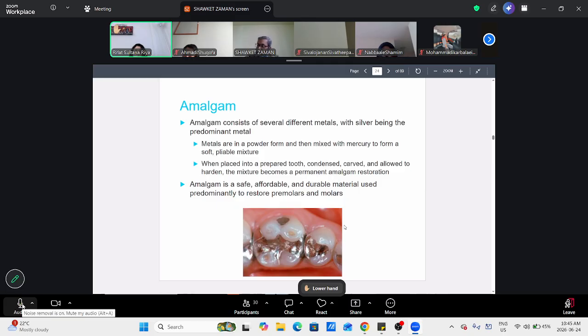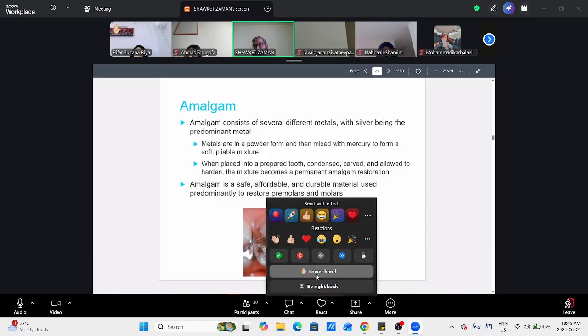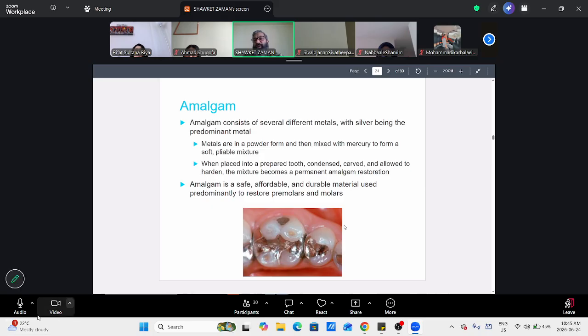Nowadays we are using composite, which is the color-matched material, and it is also effective. But when it comes to mechanical stress, amalgam is better than composite. Composite restorations match the color of the tooth, so they are aesthetically very good because they don't show any metal in your mouth.